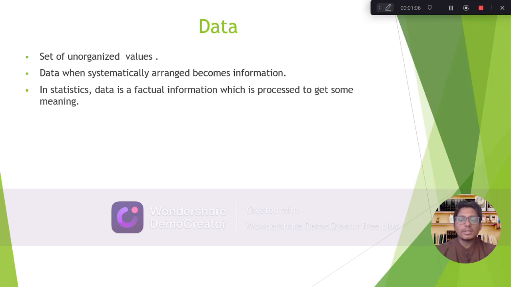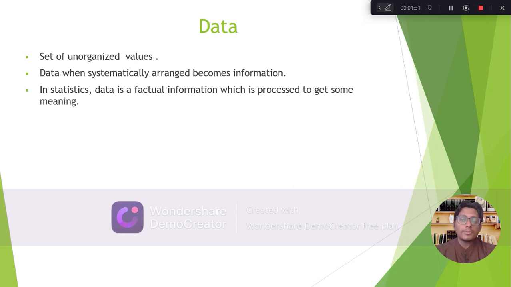If we talk about data, what is data? Data is an unorganized set of values, but that's a general perspective. In the field of statistics, we are talking about data which is organized. We collect data in raw form, and then we organize it to convert it into some information.